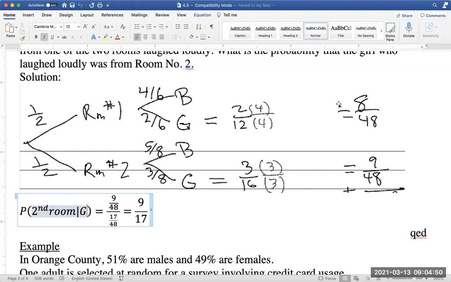And so this is 8 out of 48 plus 9 over 48, which is 17 out of 48. And we want the second room. So 9 out of 48 over 17 over 48 is 9 over 17.